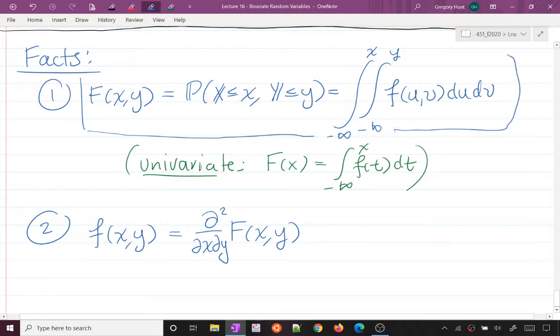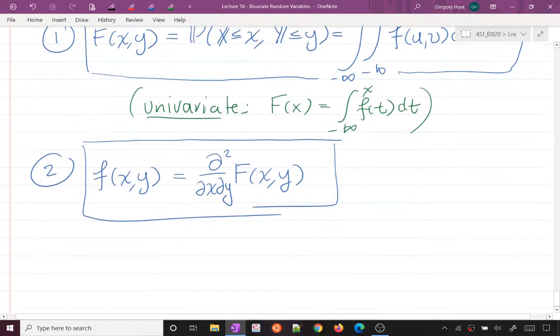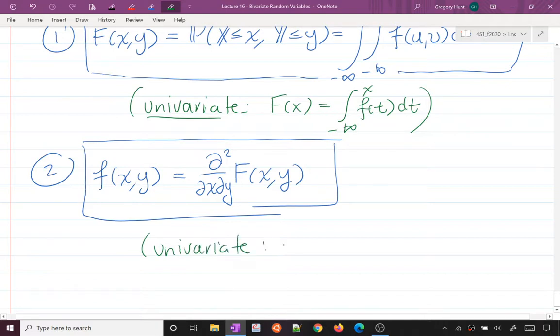So let's box this first fact up here. This is an important fact, and let's put a box around this one, another important fact, right? Again, I'm not really going to prove it, but I'm going to call for the analogy to the univariate case where my univariate PDF was just the derivative of my univariate CDF.